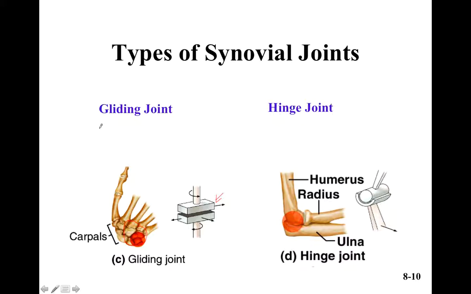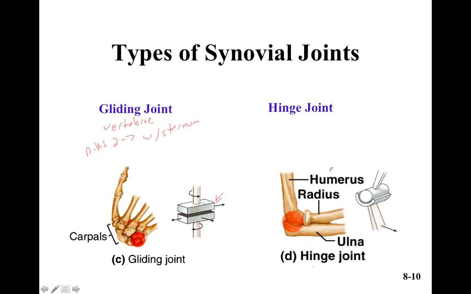So we said carpals, tarsals, your vertebrae, and ribs 2 through 7 with the sternum.